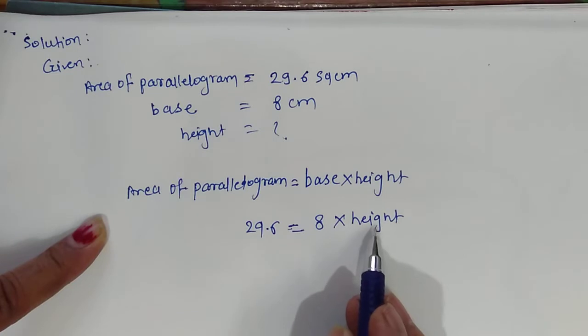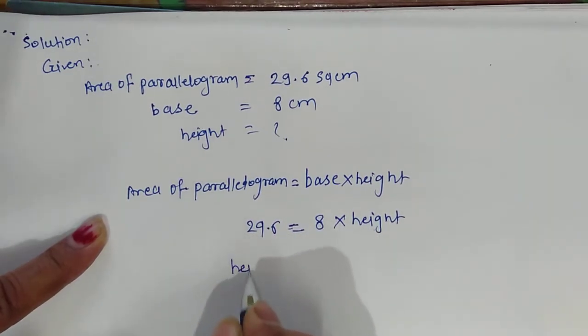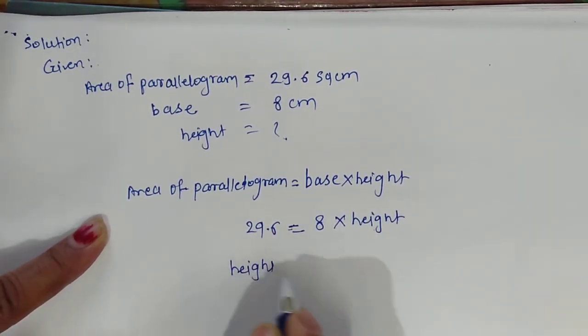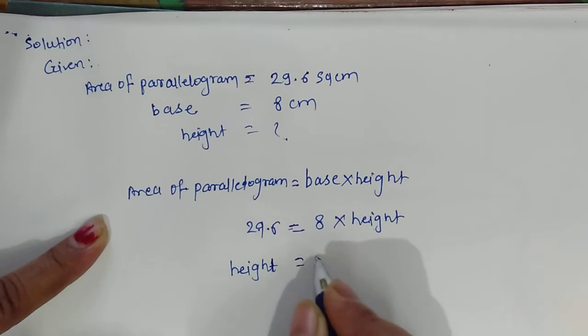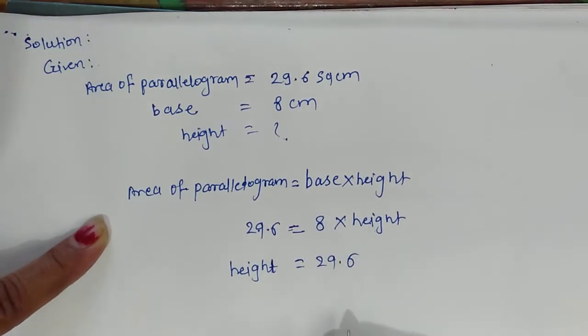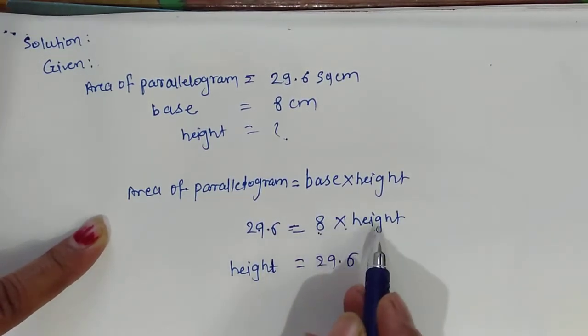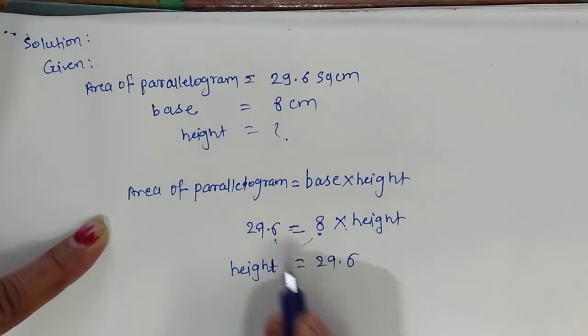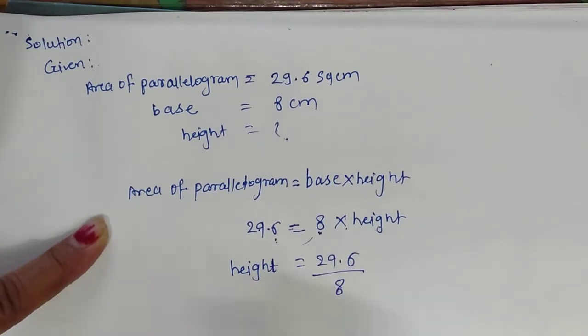Now here we have to find out the value of height. So take it to the left side, height is equal to 29.6 as it is. Now this 8 is multiplied to height. When it goes to the left side, it becomes divide.